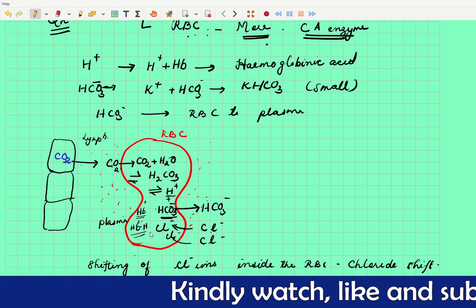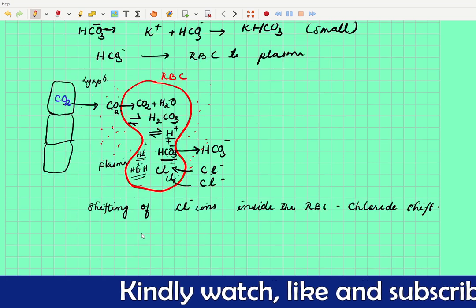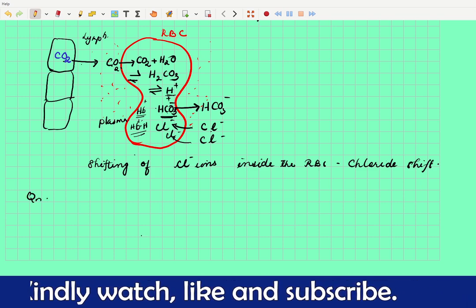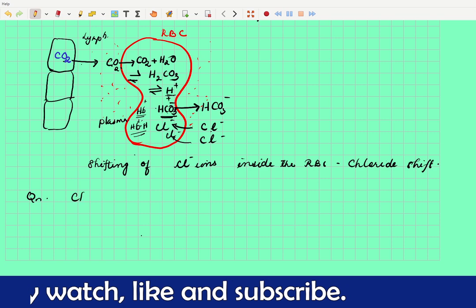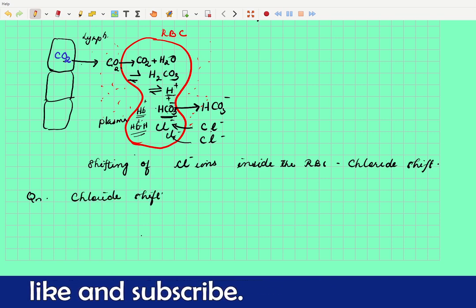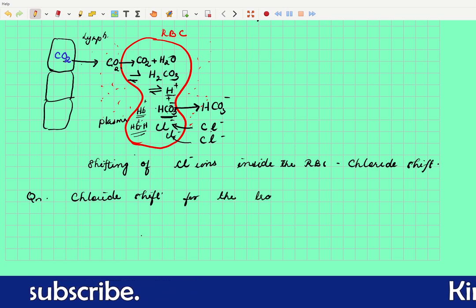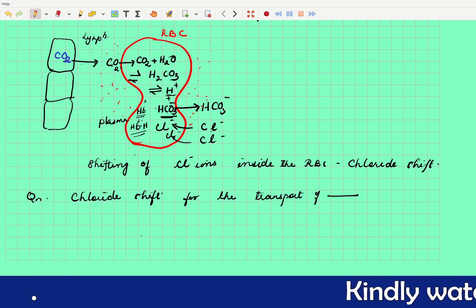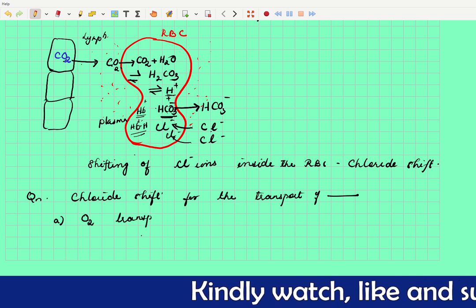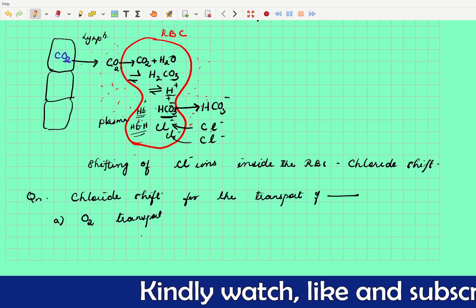Okay, one question related to this. The question is, chloride shift is for the transport of dash. Option one, oxygen transport in blood.